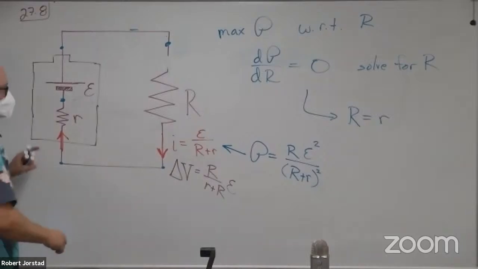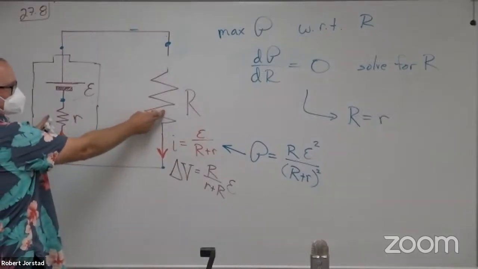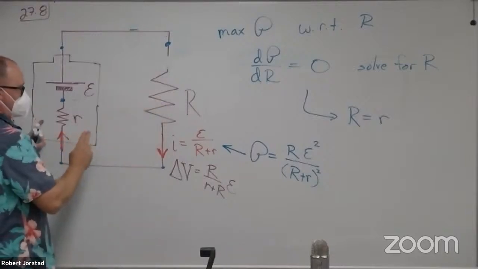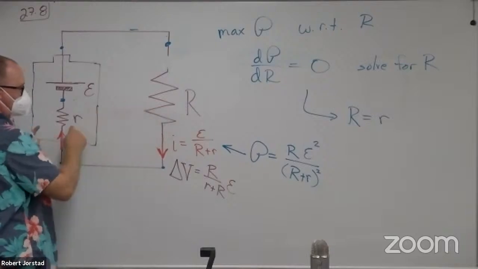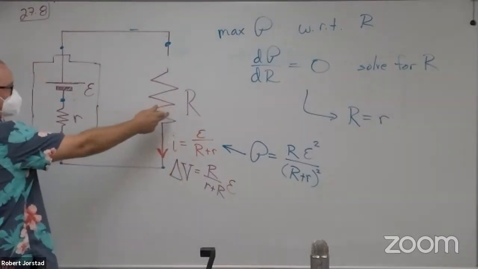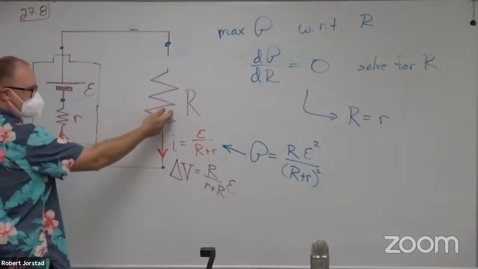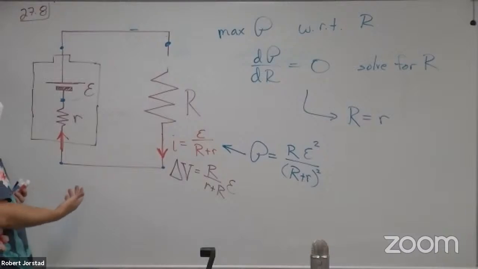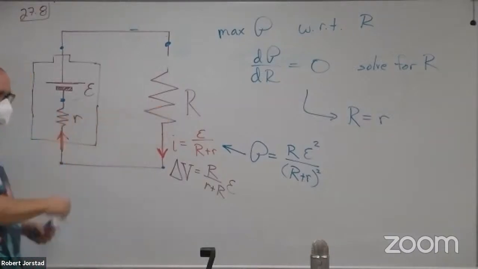Think about it. If these two have exactly the same resistance, they both get the same voltage, right? If this resistor is larger than that one, it gets more voltage, but the current drops too much. If this one is smaller than that one, the current goes up, but this voltage drops so much. So the ideal happens to occur when these two are exactly the same.